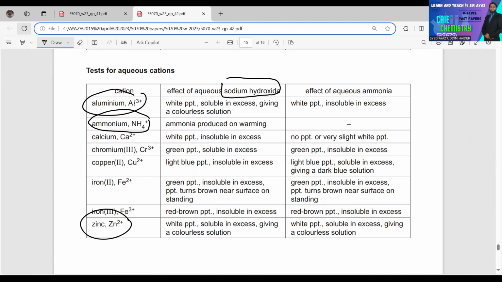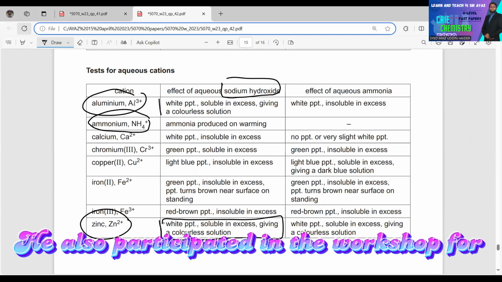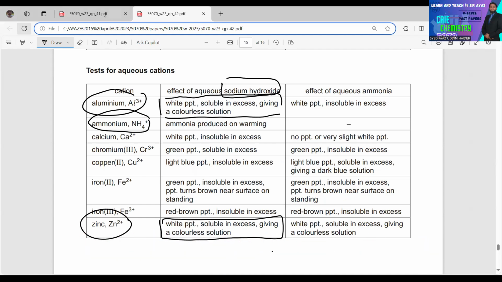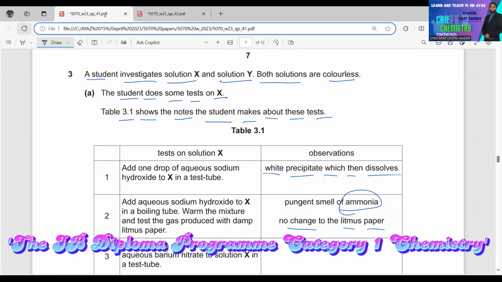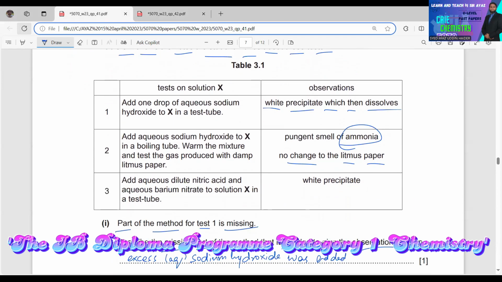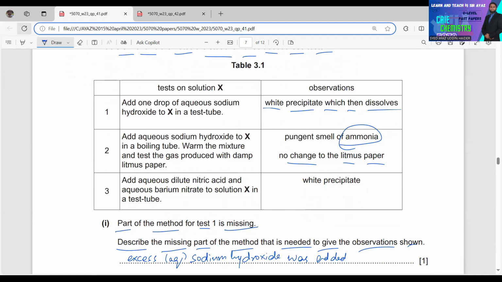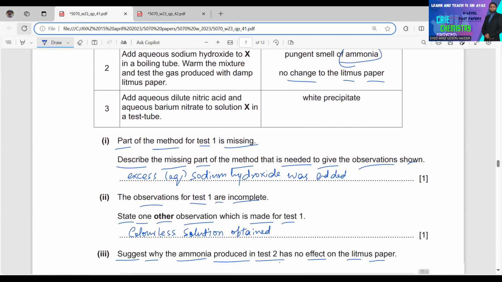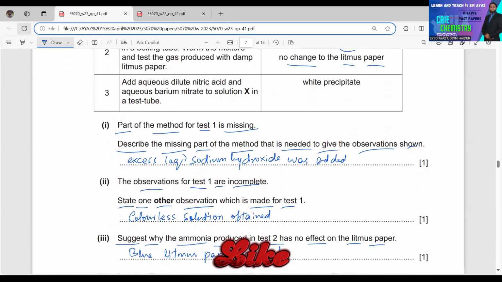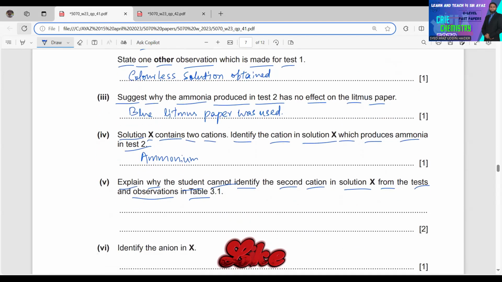They have the same observation: white precipitate soluble in excess giving a colorless solution, as well as for Al3 plus. So you can write that more than one cation produces the same result. You can even mention the names of these cations.